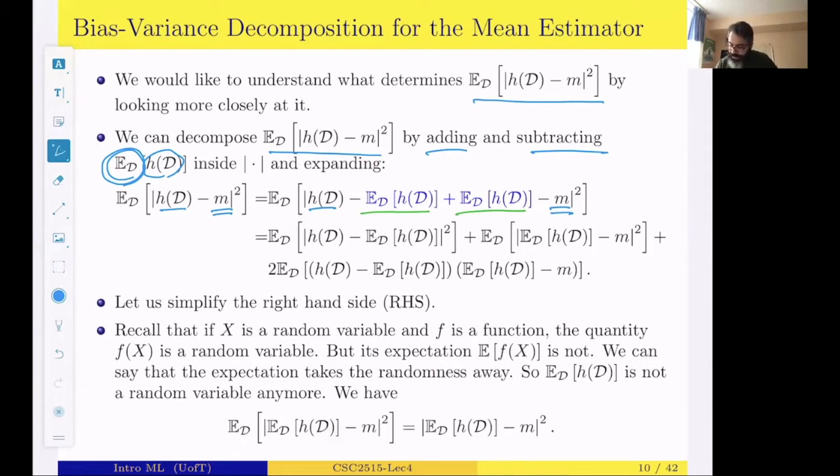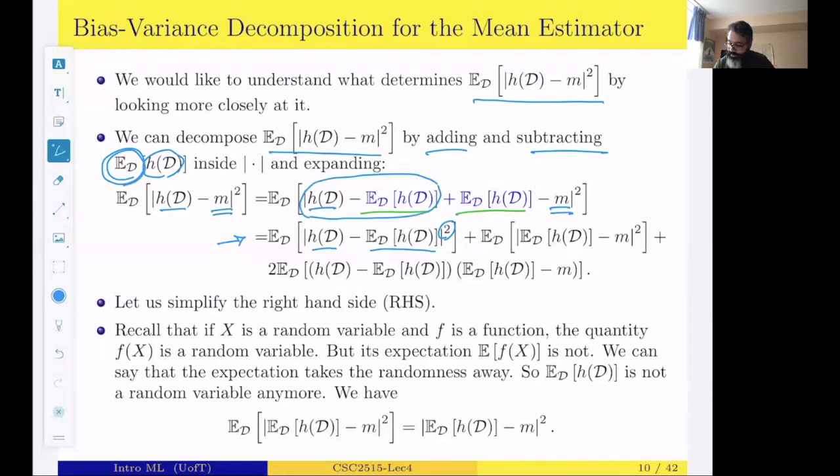I now expand on the second line, I expand this squared term into 3 parts. We get h of d minus the expectation of h of d, the whole thing squared. This comes from the first 2 terms.